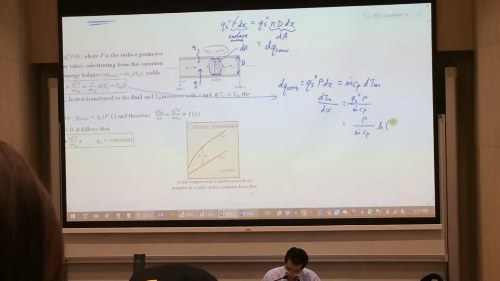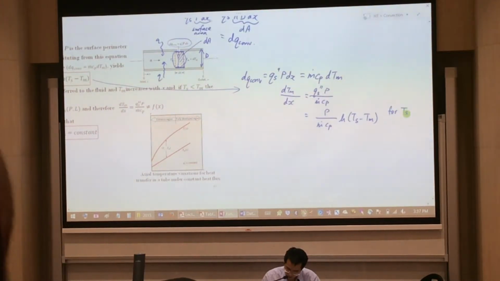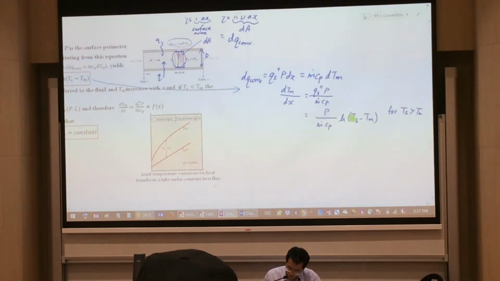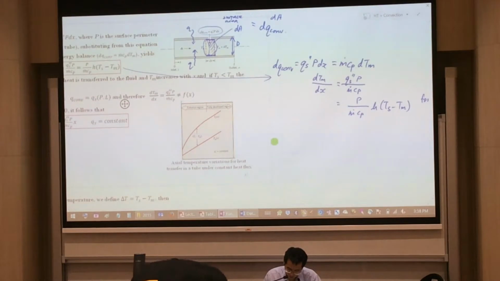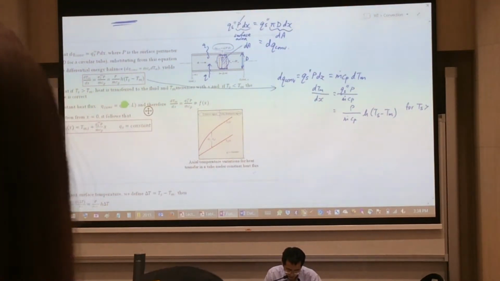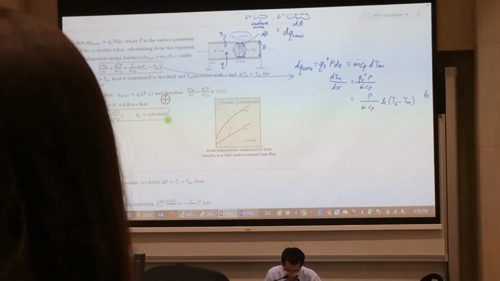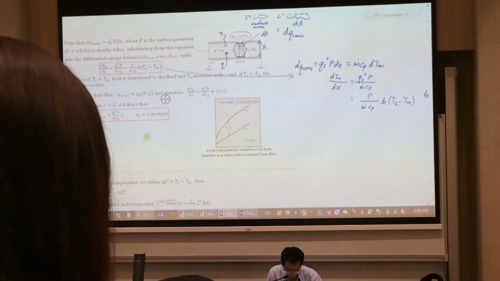That's h (Ts minus Tm). And this is under the assumption that Ts is greater than Tm. If Tm is greater than Ts, then you just put Tm minus Ts over there. So that's how we get to this equation over here. I also want to prove this set of equations over there. So maybe I'll just write it underneath it.